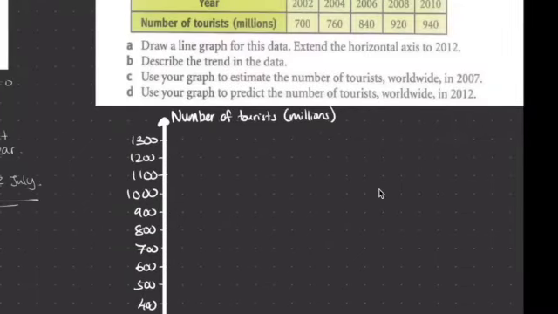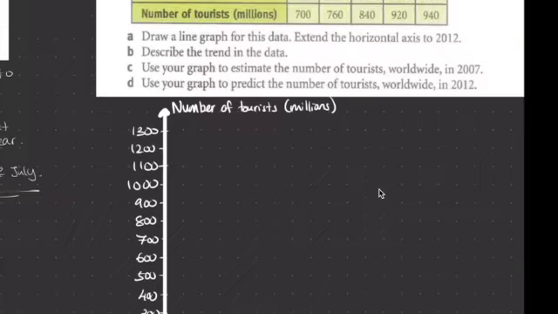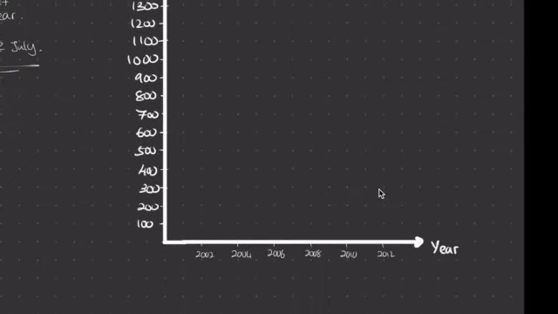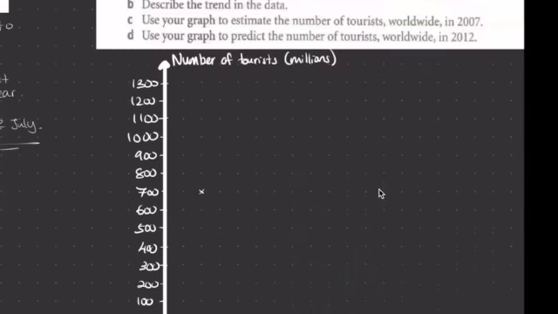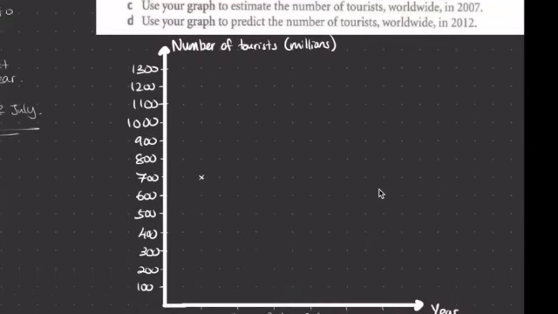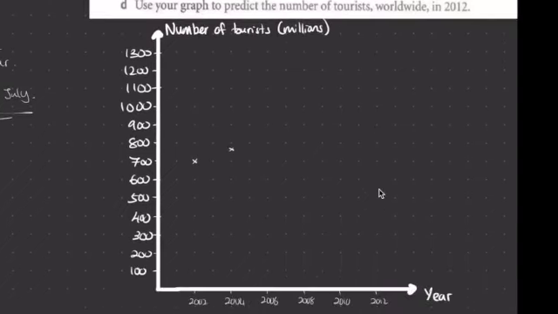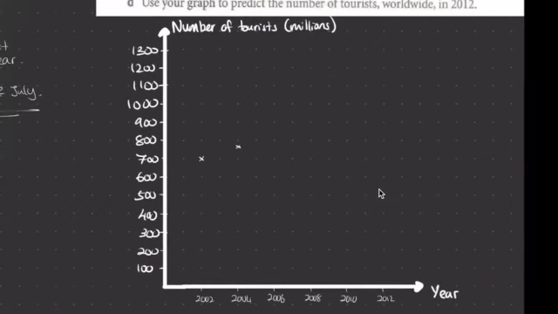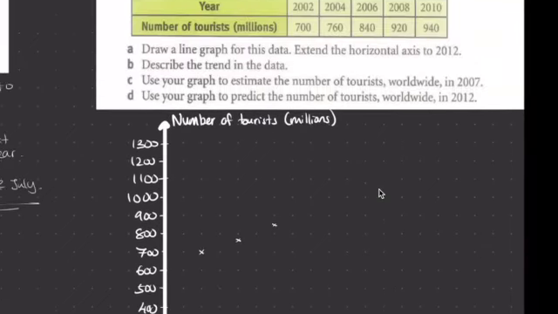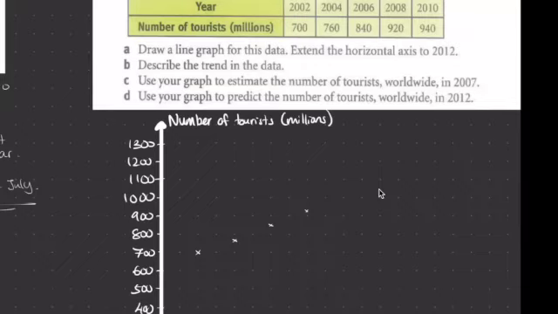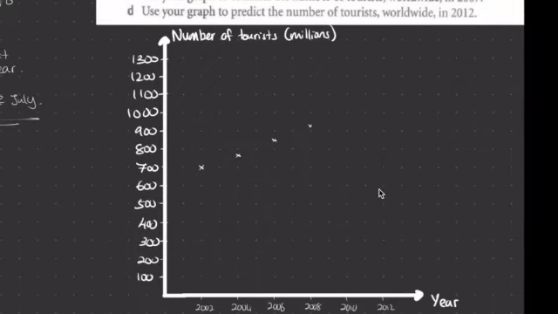So the first year, 2002, is at 700, then 760, 840, 920, 940.